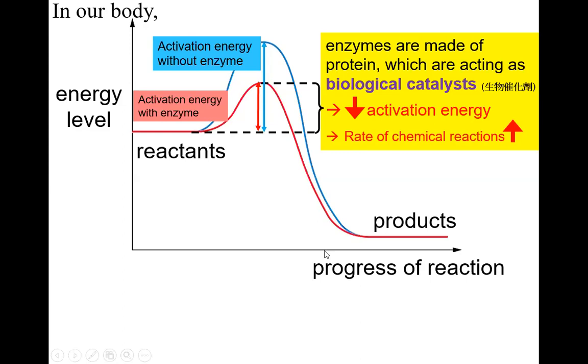And from this graph, we can also find out that the energy level of the product is lower than the energy level of the reactants. 呢個產物完晒成個化學作用之後，所產生出嚟嘅分子，佢嘅能量值係比起開始嘅時候低咗嘅。Okay?